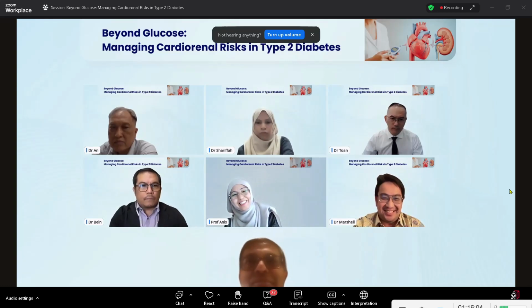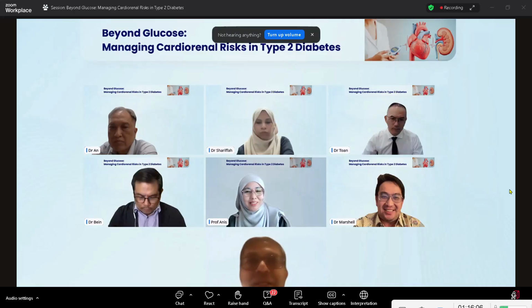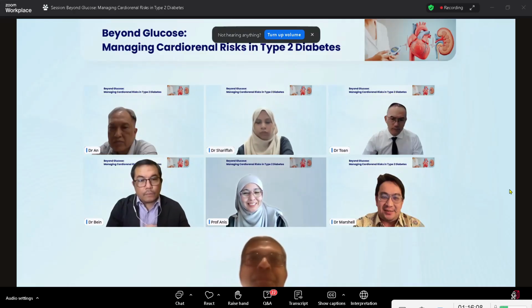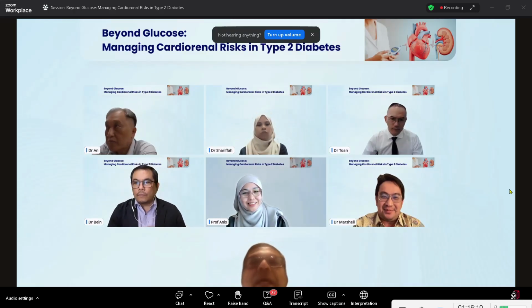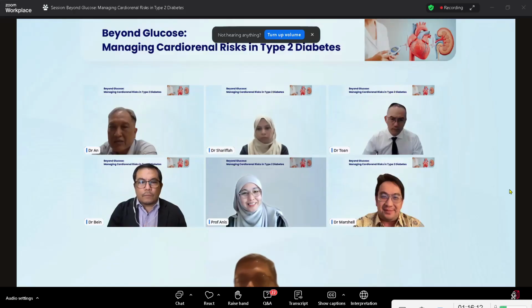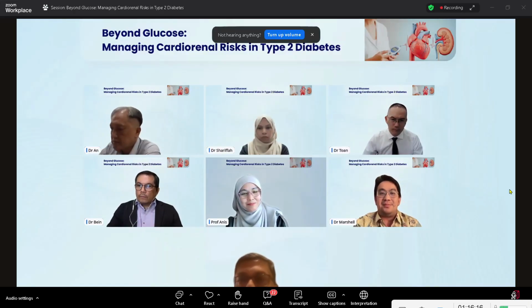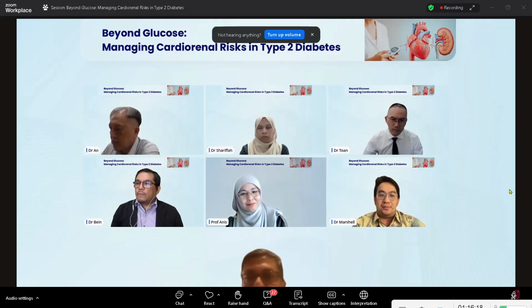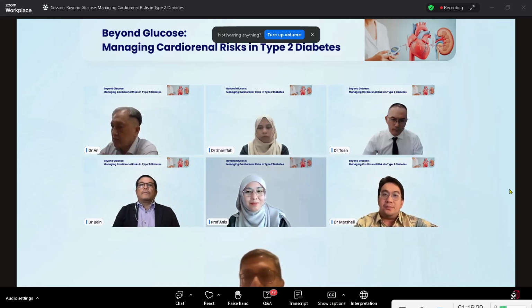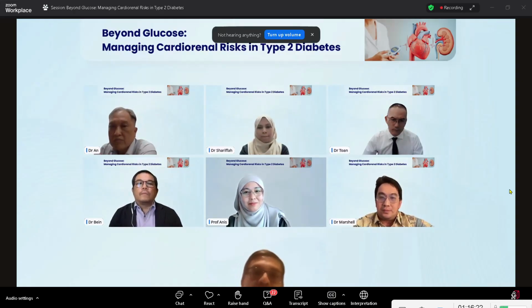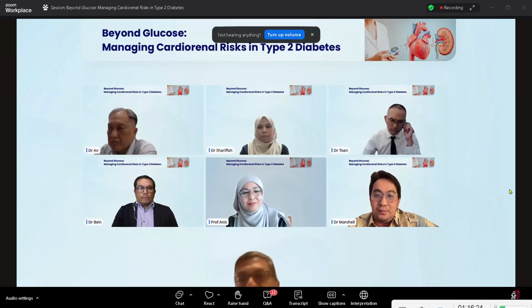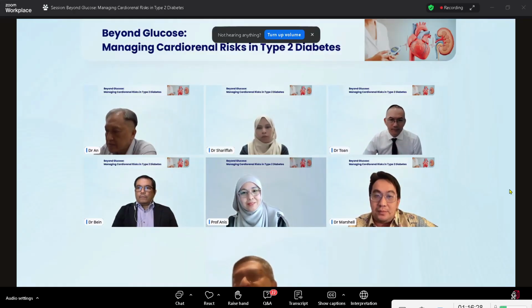But we have an organization called the Lipid Association of India, and about 2 years back they defined risk factors and markers. The major ASCVD risk factor is age above 45 for males and 55 for women.